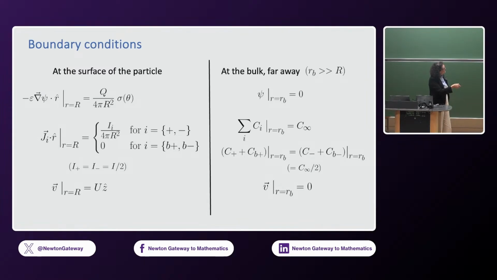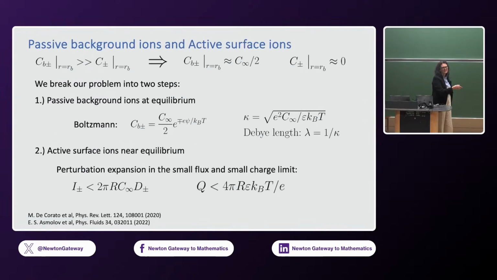represented by U. And in the bulk far away, you are going to assume just at infinity, you have a constant concentration of charges that doesn't change with time, right? And you have also the passive and active parts, and the passive part in equilibrium far away is just the Poisson-Boltzmann, and then at the surface you get this.